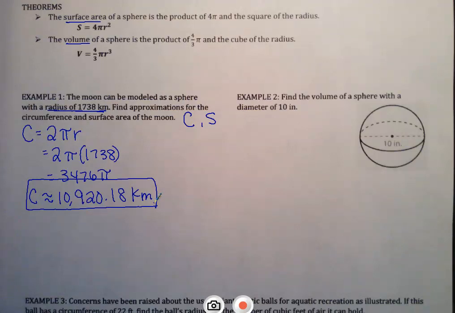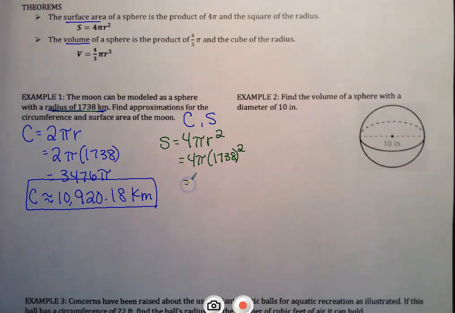All right, so then let's look at our surface area. So our surface area equals 4 times pi times the radius squared. So that's going to be 4 times pi. Our radius again was given to us, that 1,738. We're going to square that value.